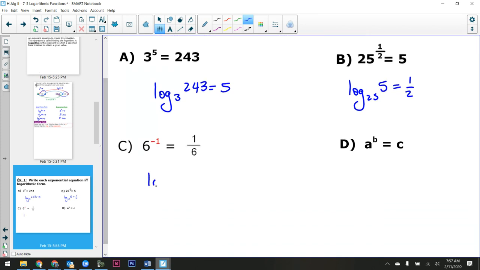And then we've got log base 6 of 1/6 is equal to -1. And then we've got log base A of C is equal to B. How do we do? Feel all right with that? Okay.